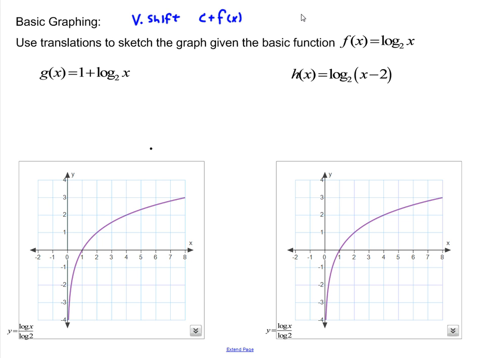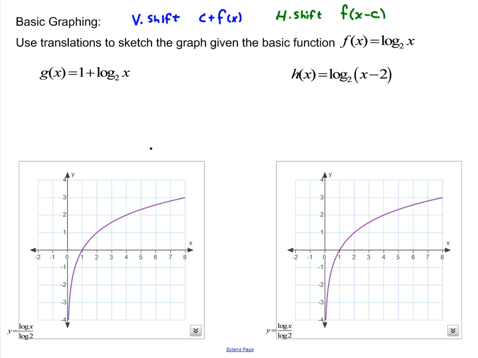On the other hand, our horizontal shift, side to side, is going to occur anytime we change the argument within the function by some amount c. So f of x plus or minus some number would be our horizontal shift.